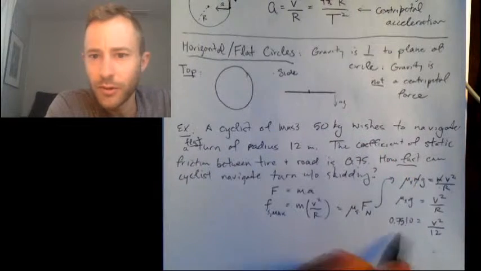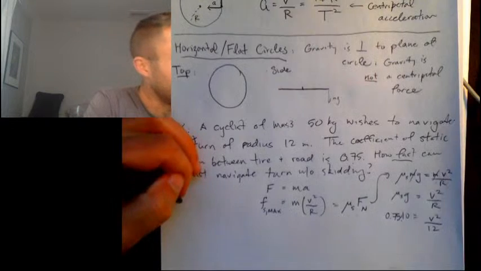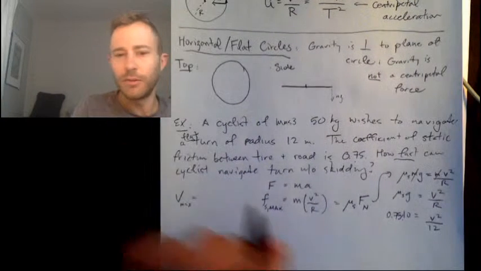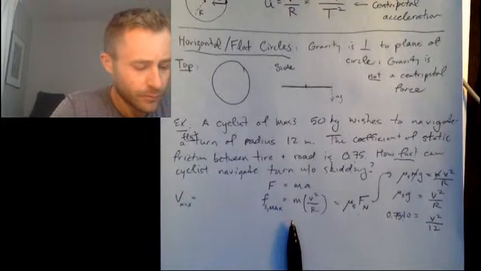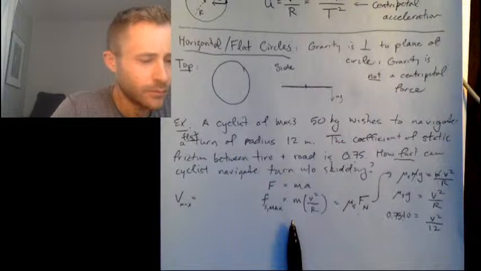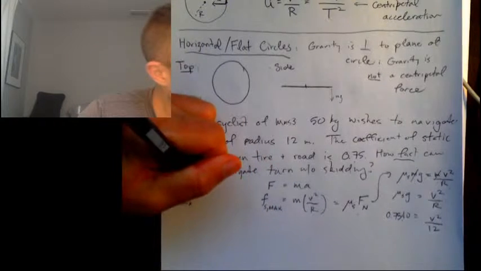So I multiply both sides by 12, and then I take the square root, and that gets that the maximum speed is equal to 9.5 meters per second.